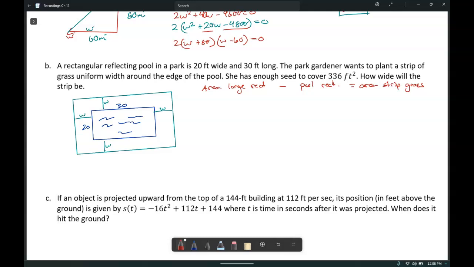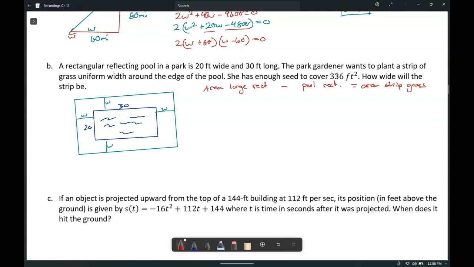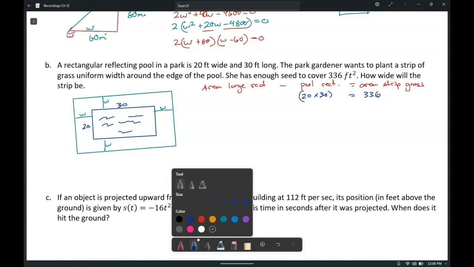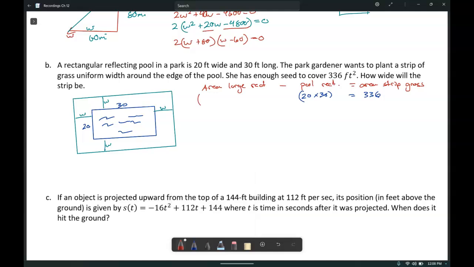A large rectangle less the smaller rectangle gives us just this strip of grass going around the length of the pool. And given that we have the length and width of the pool, we also have the area that the strip of grass should be. All we need left is an expression that models the area of the large rectangle. And that would complete our equation.